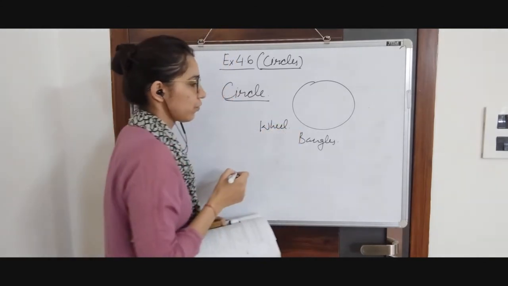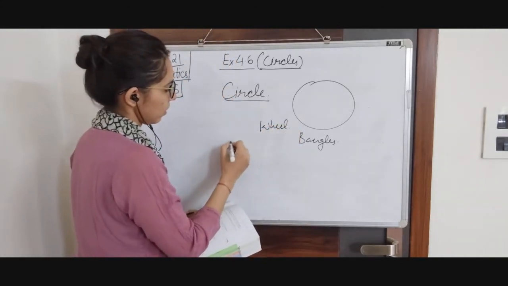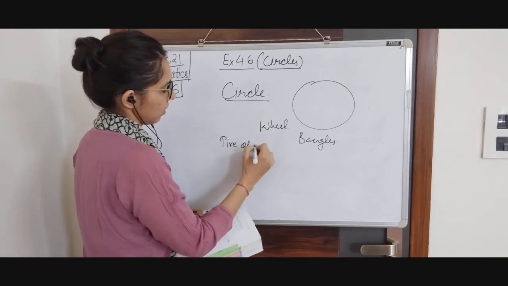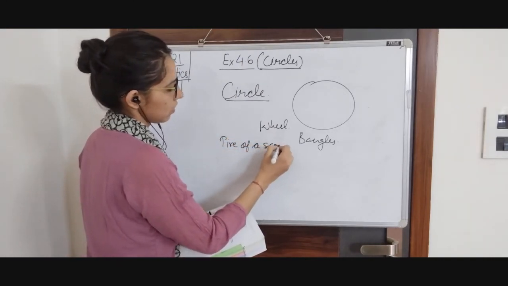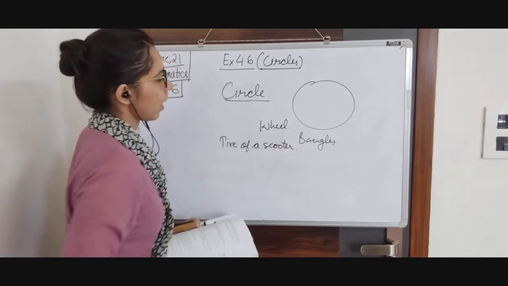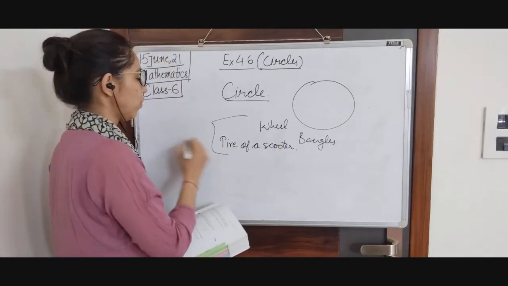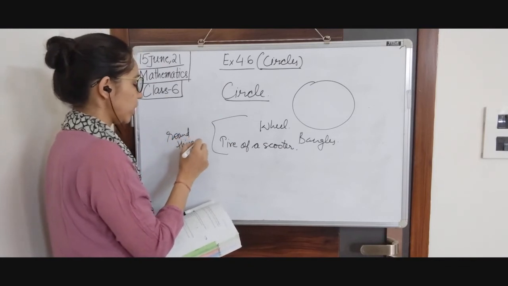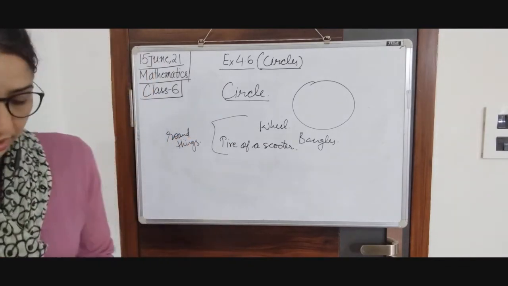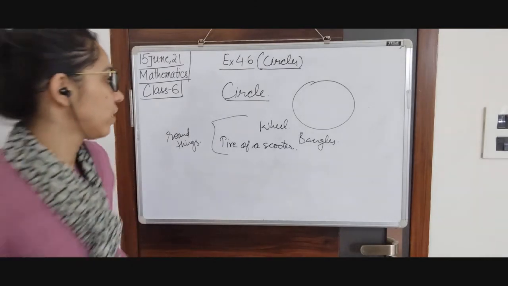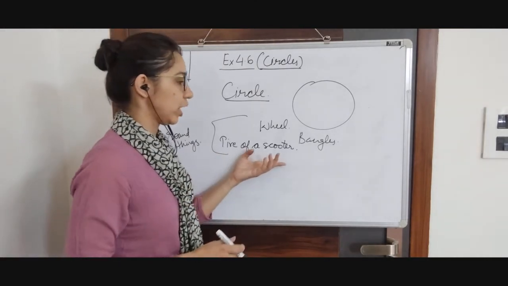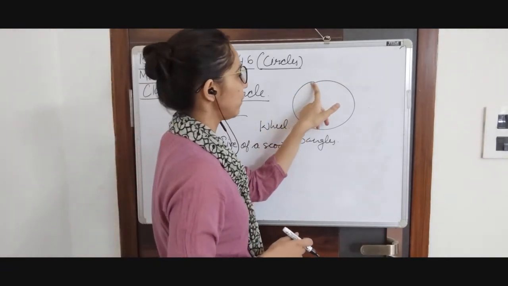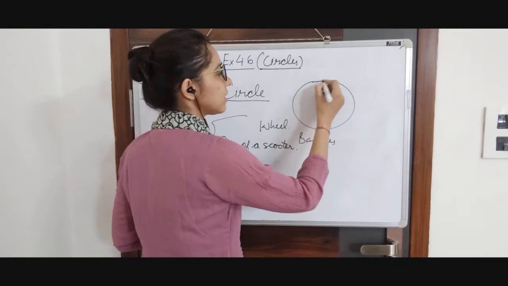More examples: a train wheel, a tire of a scooter, etc. These are all round things. You see a lot of these. So these shapes describe the circular shape in our mathematics.